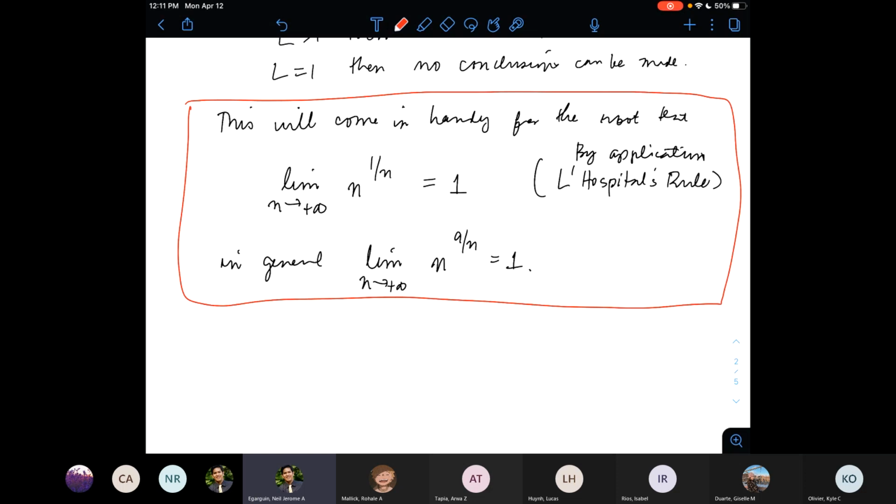But if it is not given in the lecture, then what you can say is that probably in your exam or in the homework, you can write somewhere that note that the limit of n to the 1 over n as n approaches infinity is equal to 1 by application of L'Hopital's rule, rather than repetitively evaluating this for all the root tests that you will do.